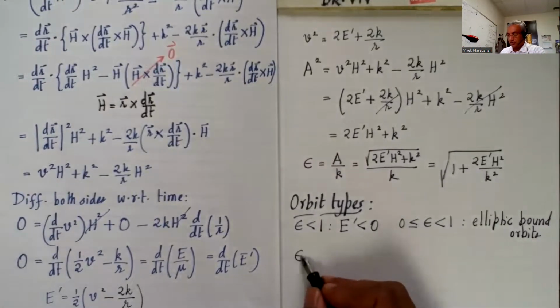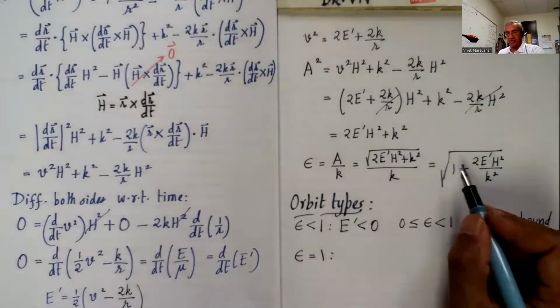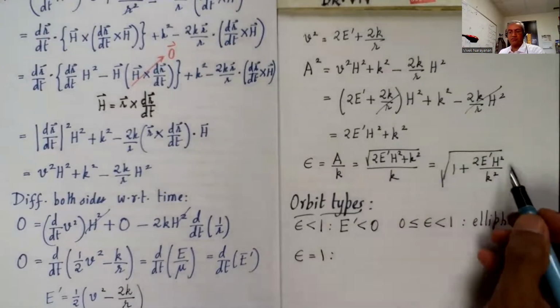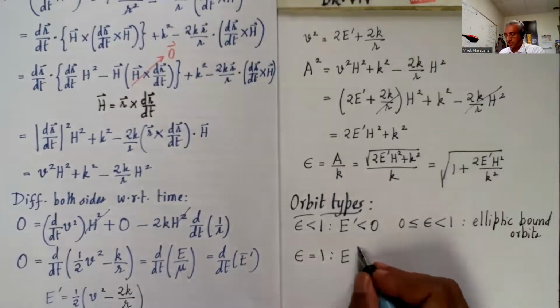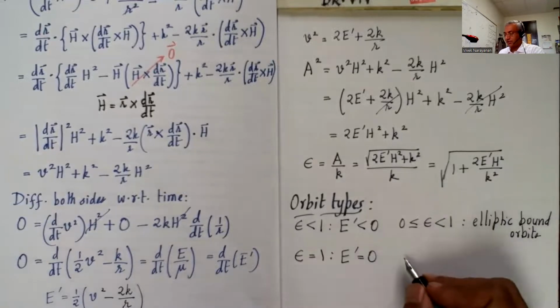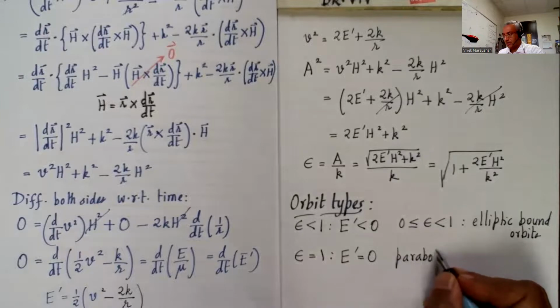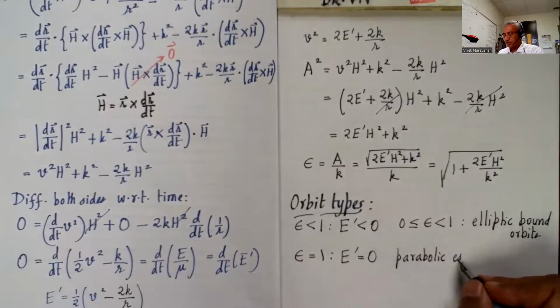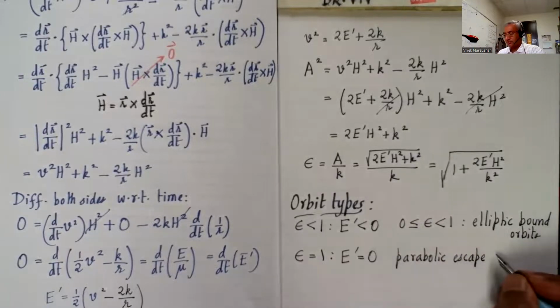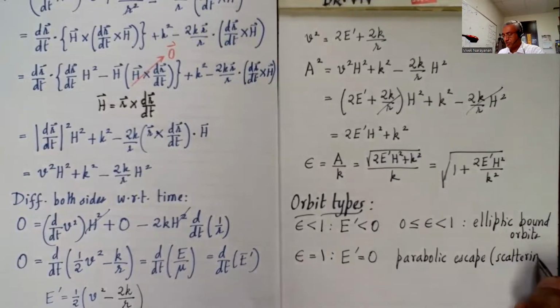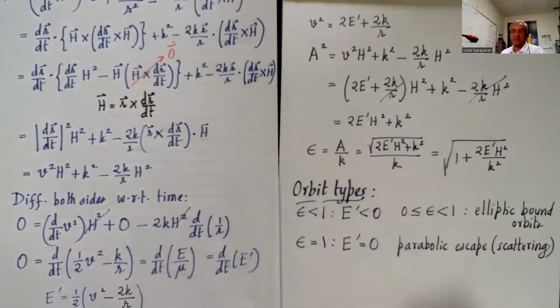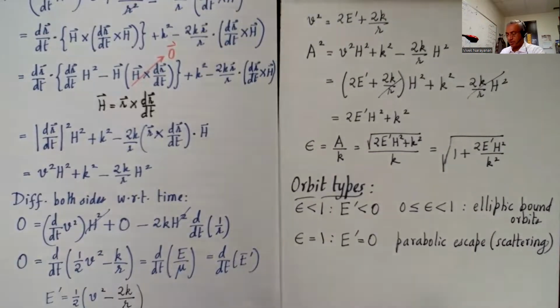If epsilon is equal to 1, the only way for that to happen, because it's 1 plus stuff, is for stuff to become 0. This is E prime equals 0. And that corresponds to a parabolic escape orbit. These are sometimes also called scattering orbits, because it corresponds to the least energy required for scattering with a certain impact parameter.